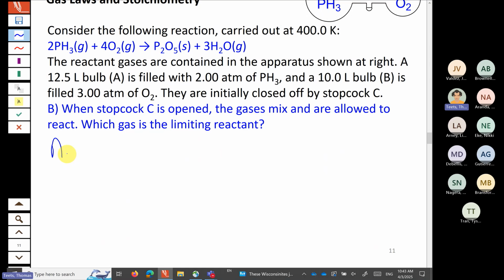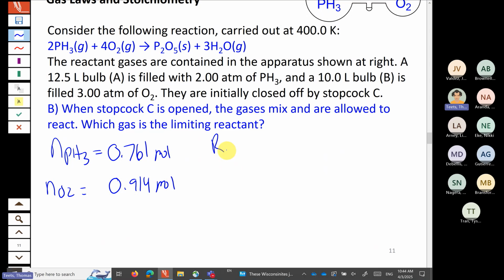This is just a review of chapter 5 stuff. We just figured out that the moles for PH3 was 0.761, and the moles for O2 was 0.914. That was a calculation we did in the previous slide. There are different ways of finding the limiting reactant, but my preferred approach is to find the stoichiometric ratio R, where we take the number of moles and divide it by the coefficient.